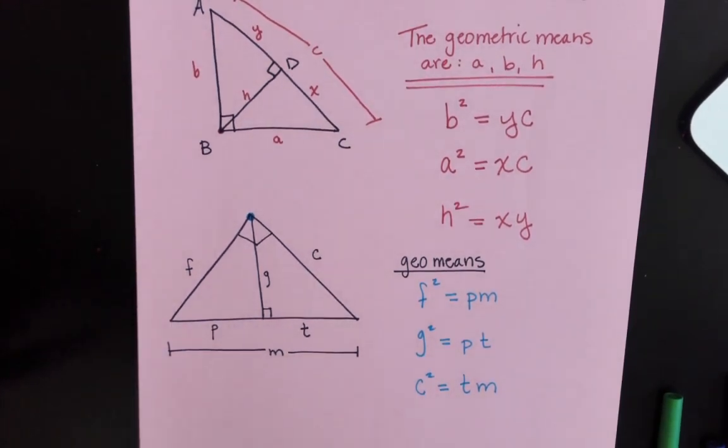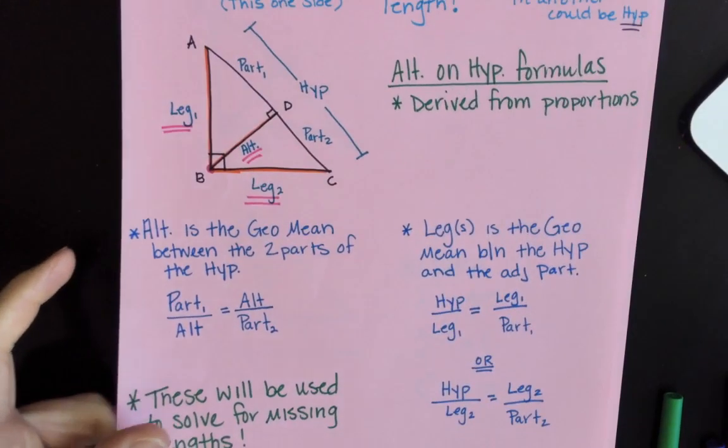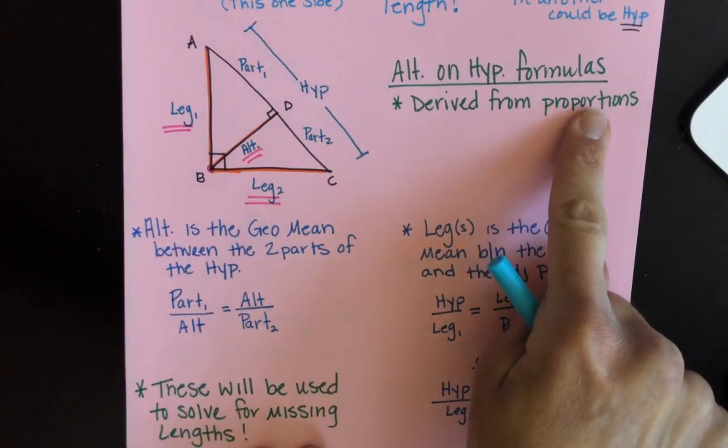So it is a different way to look at this, and I could draw 100 of these and change the variables. But what ends up happening is it all comes back to this idea of all of those proportions from our similar triangles.